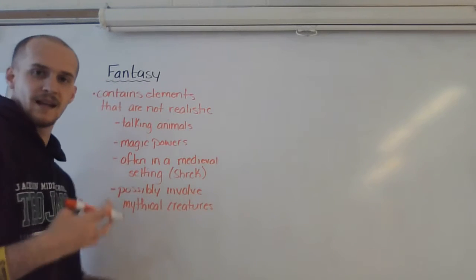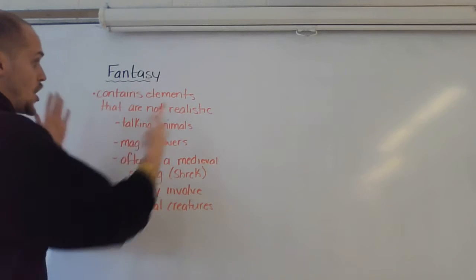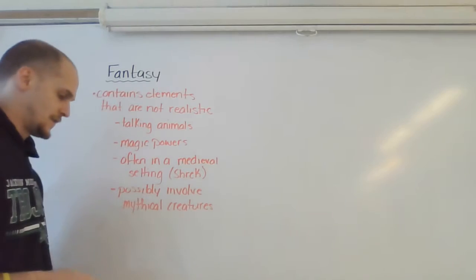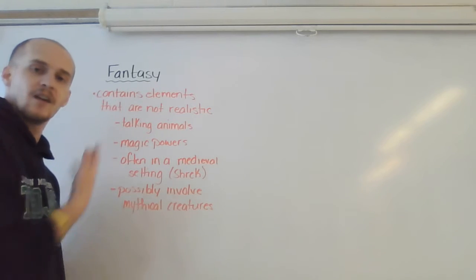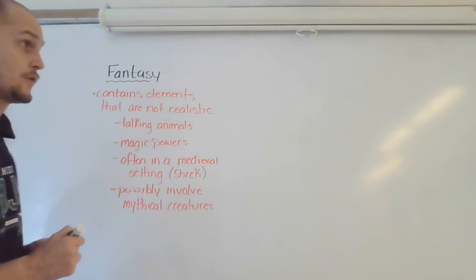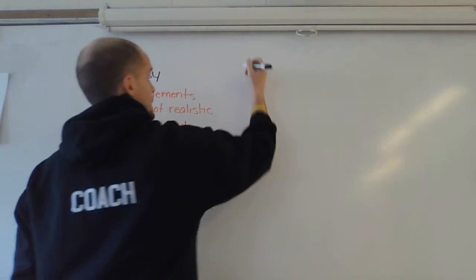The main one being like unicorns, things of that nature. So these are all characteristics or elements of a fantasy text. Now, there are more than this, but these are just the ones that we're going to focus on for right now. All right, so the next one is historical fiction.